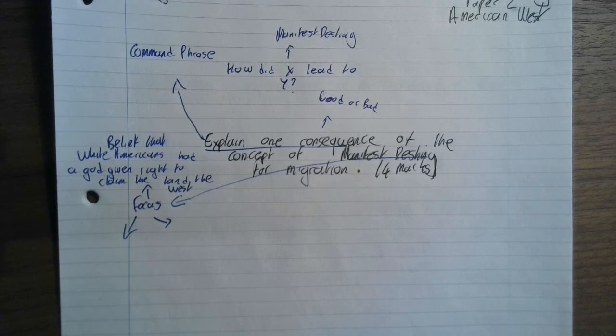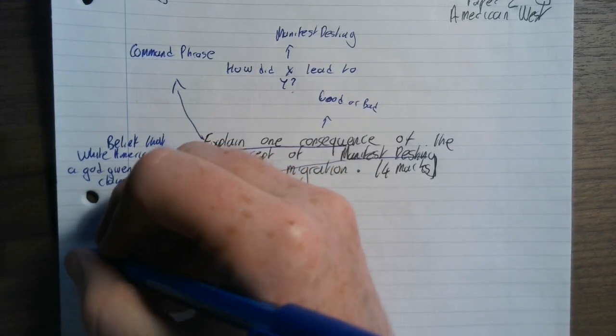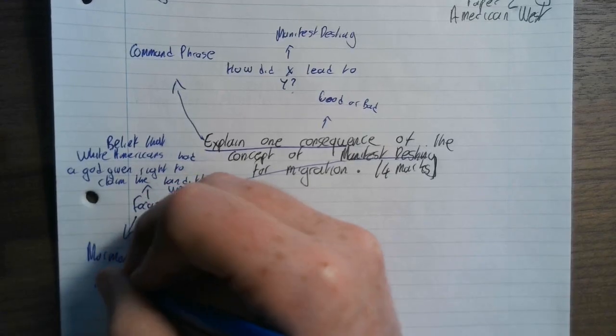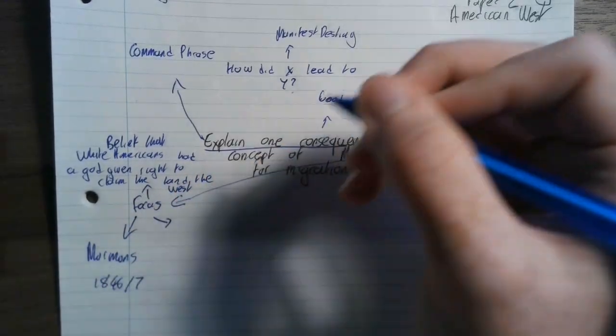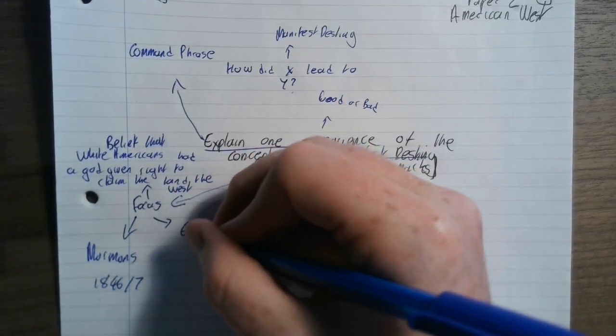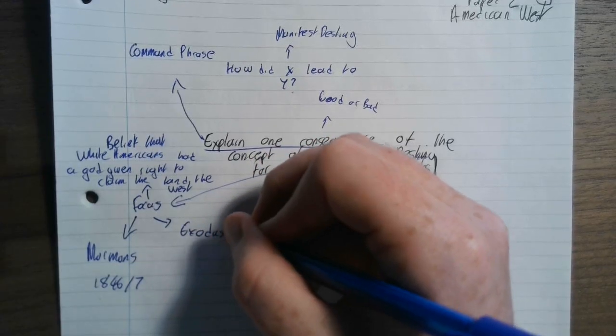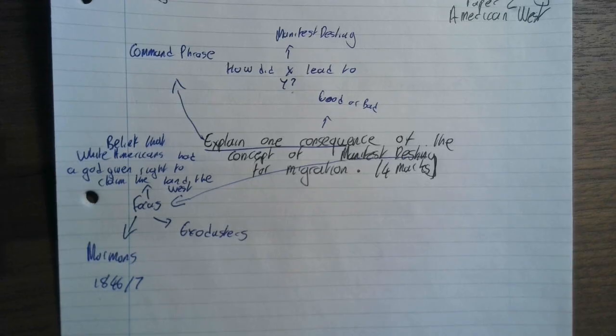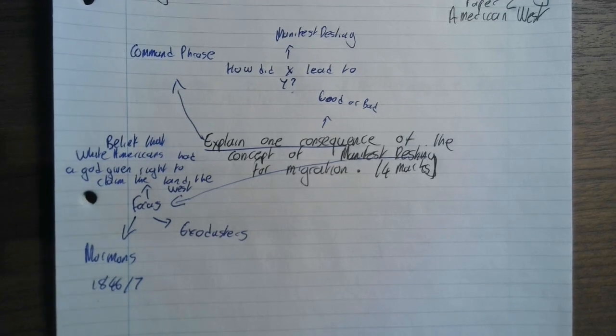So now we need to think about what groups go West because of manifest destiny. There's absolutely tons you could refer to. You could refer to the Mormons in 1846 to 47. You could refer to the Exodusters, the African Americans moving west because they not only believed they had a right to move west, but also a right to the land, similar to the white Americans.